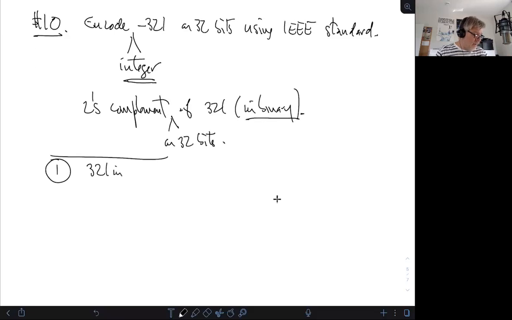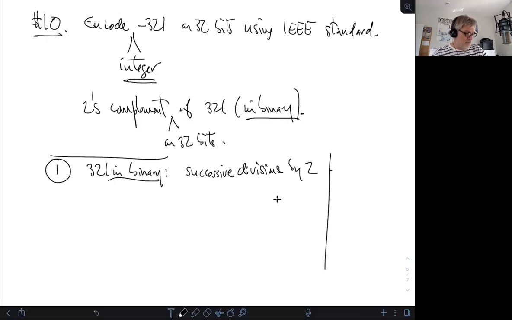321 in binary. The first way you can do it is the way I've shown you, successive divisions by 2. There is another way.